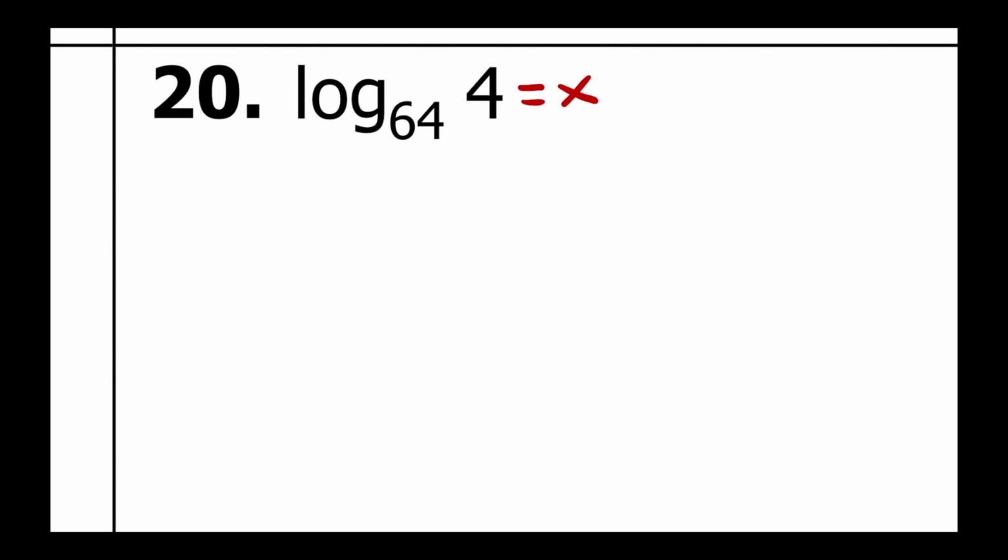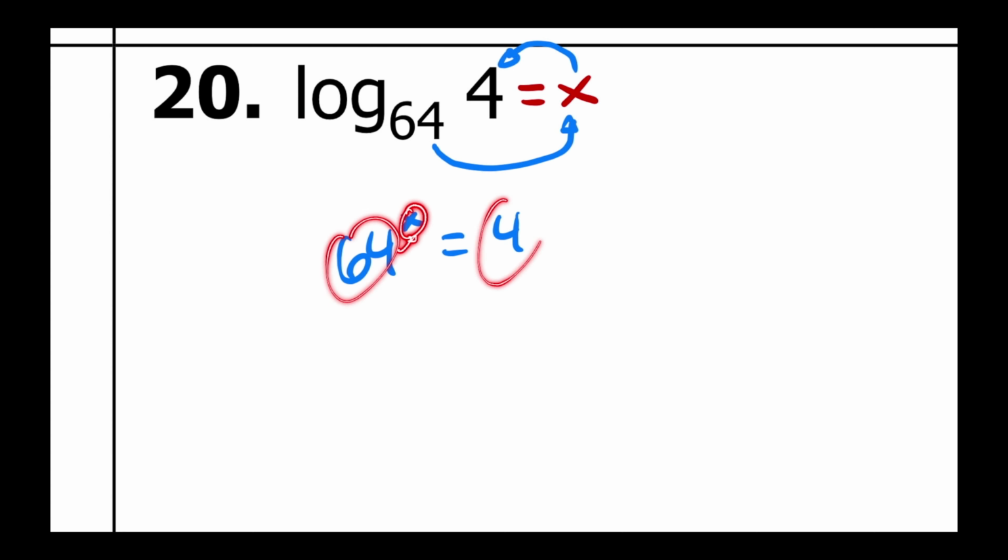And then we change it to an exponential. This base to that exponent gives me that result. So 64 to an exponent we don't know, because that's what the log is trying to find, equals 4. So 64 to what power gives me 4? That's what this is asking.